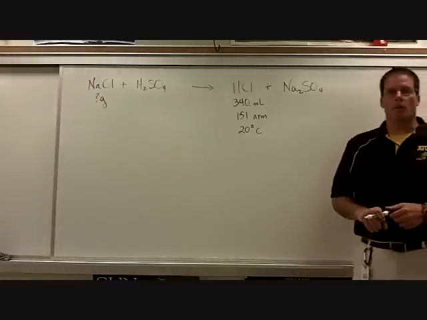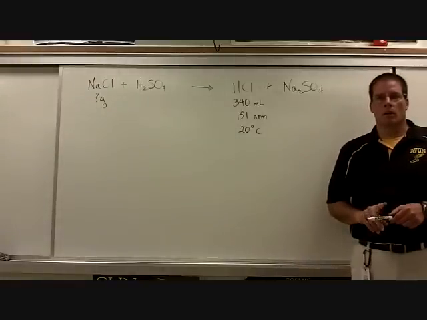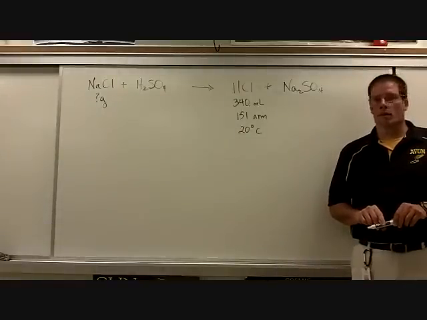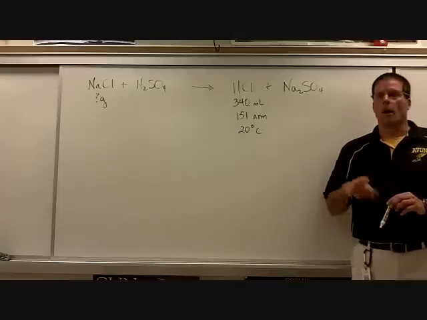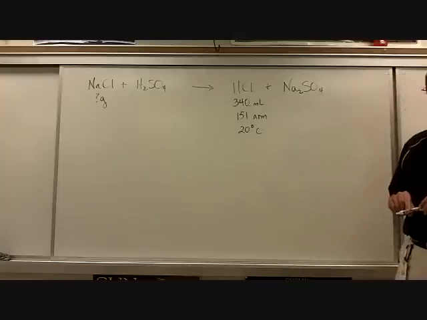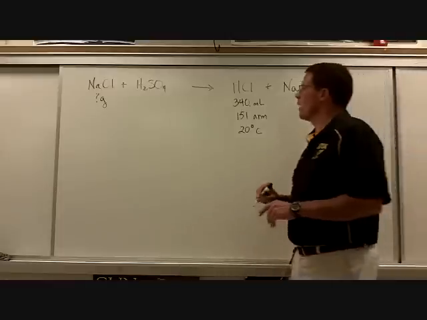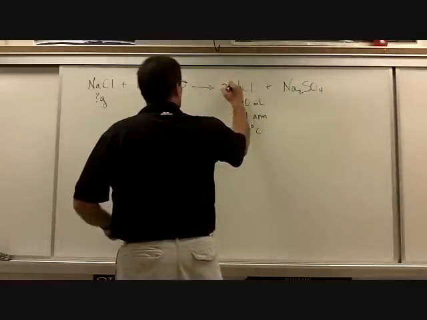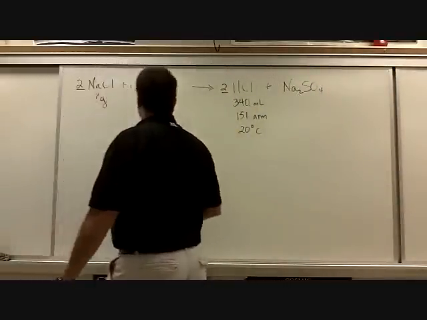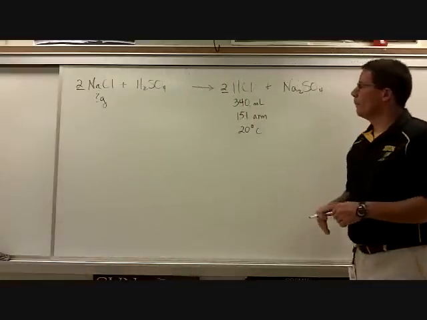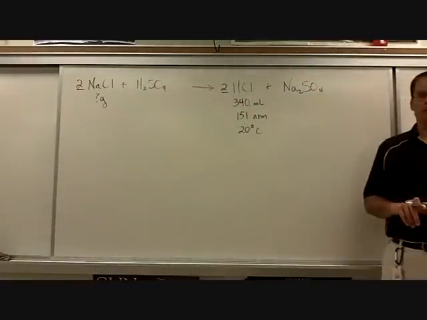What kind of problem do we have here? Stoichiometry. Very good. So step 1 for stoichiometry is write a balanced equation. Is that balanced as written? No. So we have 2 hydrogens, so we need a 2 there, 2 sodiums, we need a 2 there. I think we're good. Okay.